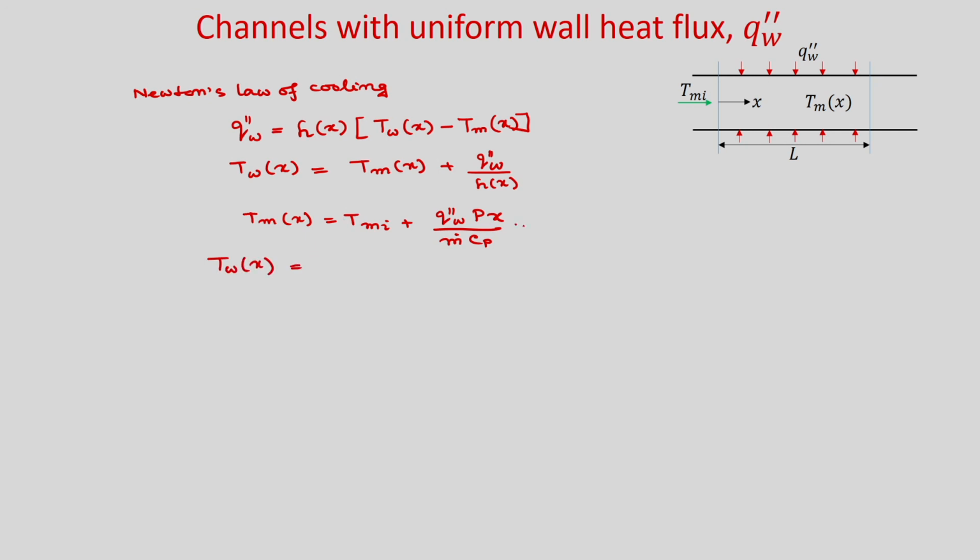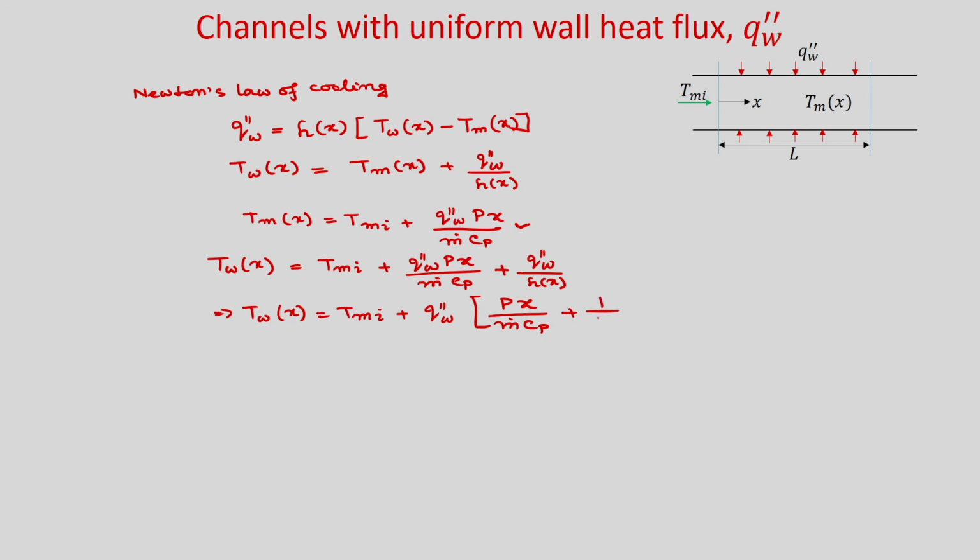So, if you substitute this, you can write Tw(x) equal to Tmi plus q double prime w, taking it outside, times P x divided by m dot cp plus 1 by h(x).